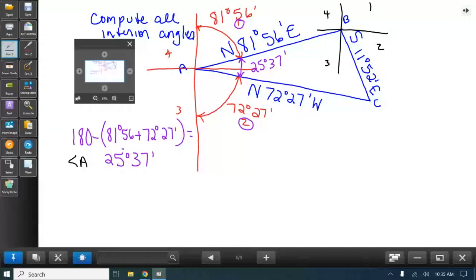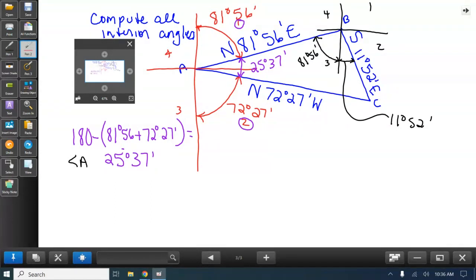Okay, I'm going to B. If I'm looking from B to A, that's in quadrant 3. So the angle the line makes with the south is 81 degrees 56 minutes, because that's in quadrant 3. And B to C is southeast, so that's in quadrant 2. So that's the 11 degrees 52 minutes.